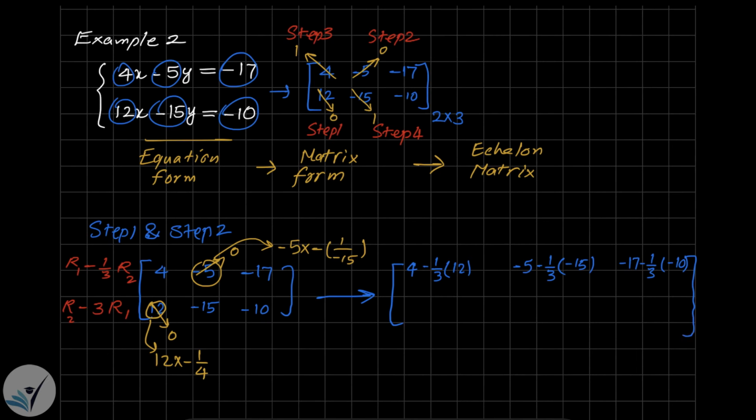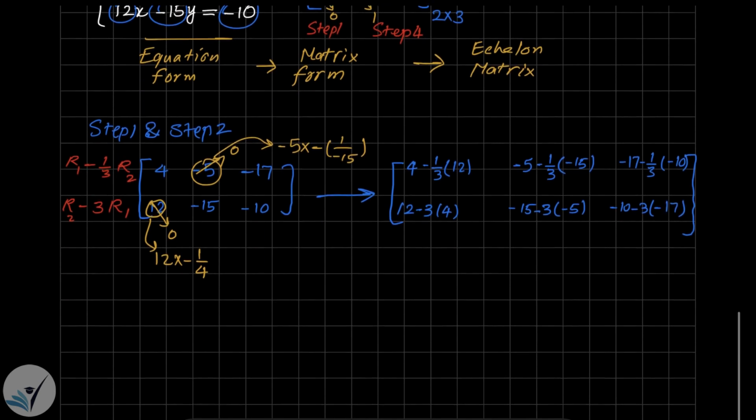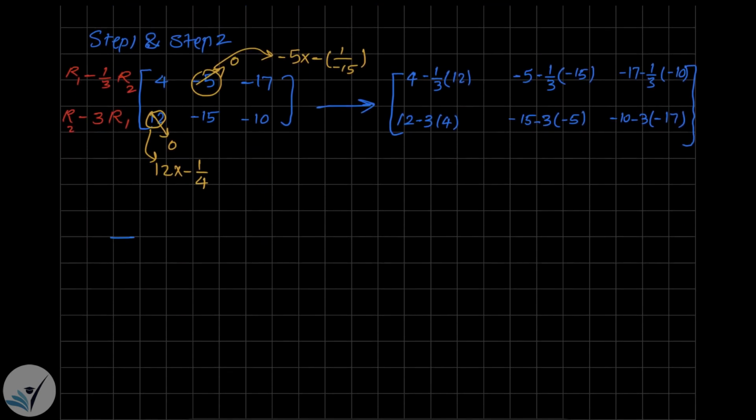On the second row, we have 12 minus 3 times 4, negative 15 minus 3 times negative 5, and negative 10 minus 3 times negative 17. Let's go ahead and simplify this matrix. On the first row, we would have 0, 0, negative 41 divided by 3. And on the second row, we would have 0, 0, and 41.